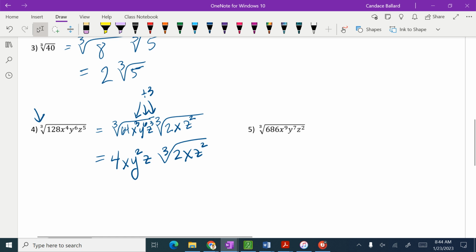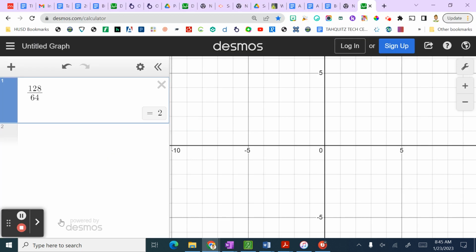Okay. We're going to try another one together. I know I'm going to need the can and the can't do box. So can take the cubed root, can't take the cubed root. All right. 686. Let's get out Desmos. All right. So I need 686. I'm going down the list.